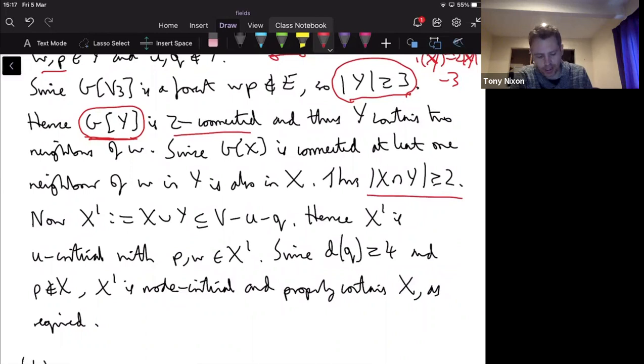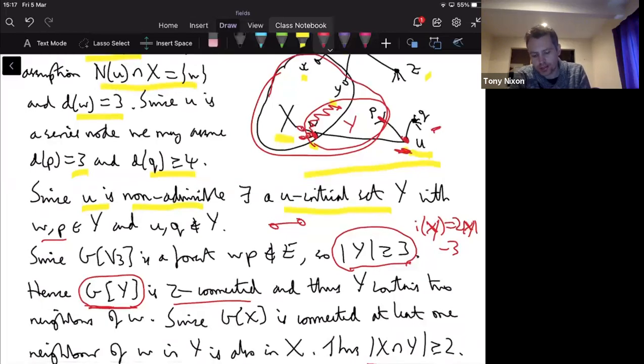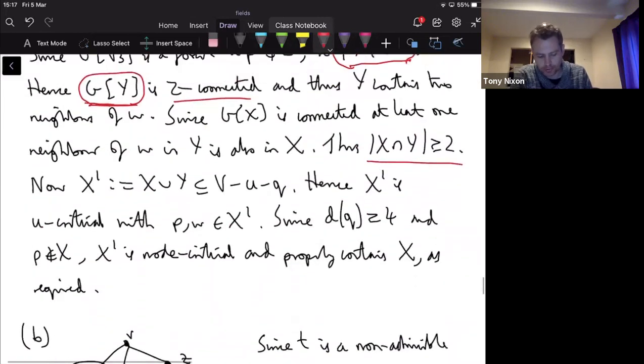So we can apply a lemma from last time to say that X union Y is a critical set. If you look at X union Y here, we know it doesn't contain Q, and hence it's a larger node critical set for the vertex U than X was. So X is not a maximal node critical set.